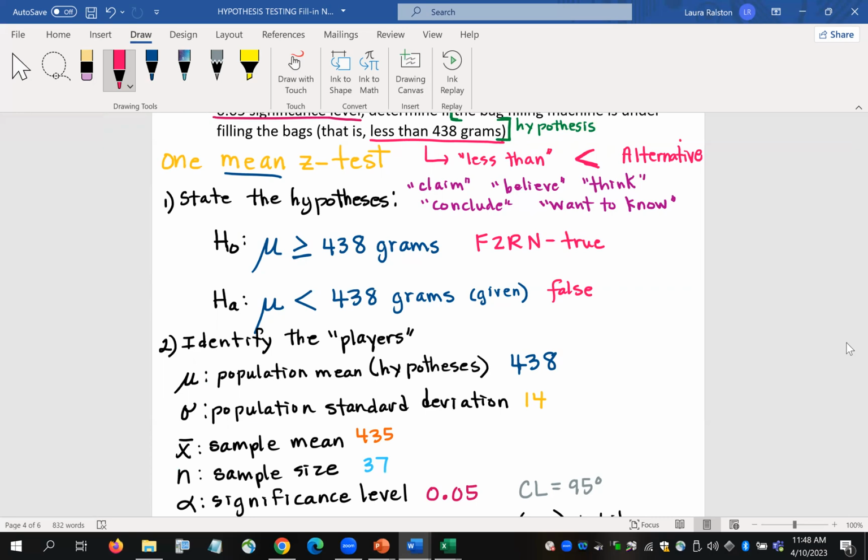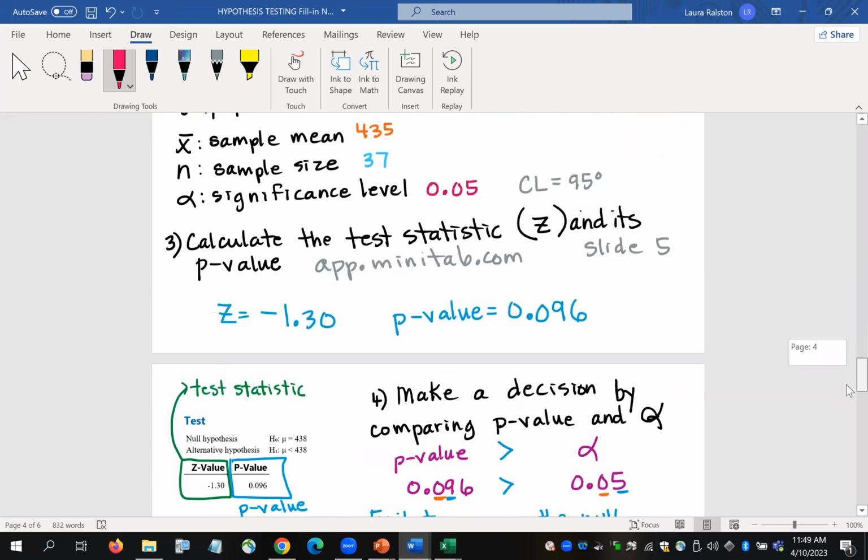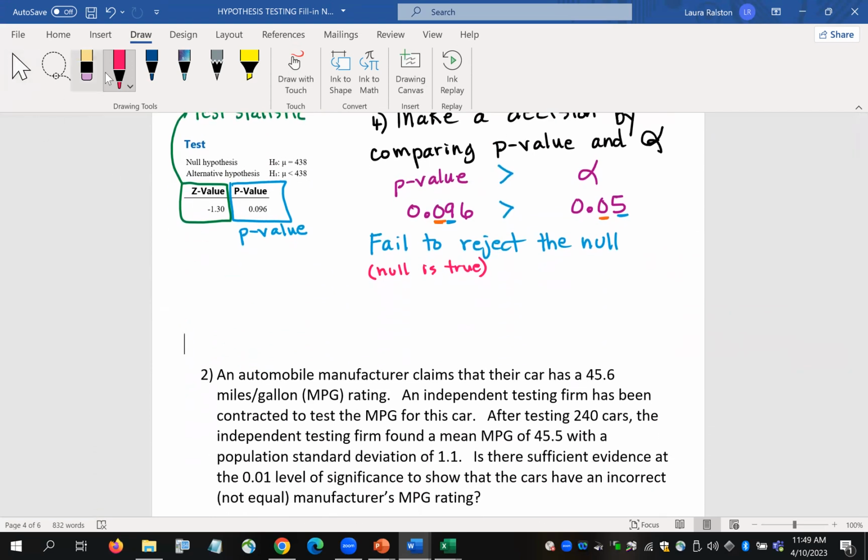We've proven the evidence shows that we're putting 438 grams or maybe more in the bags. So the machine is working properly. Now I have to write my conclusion.